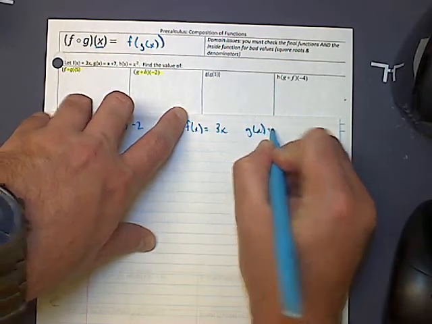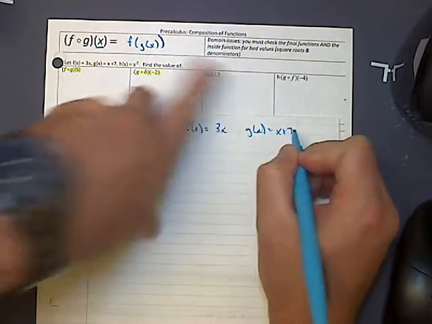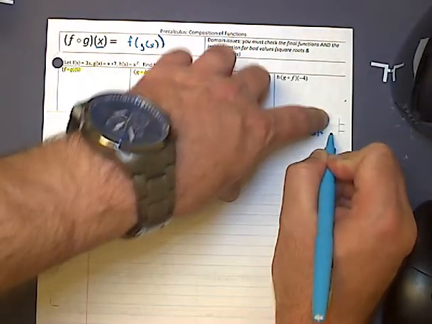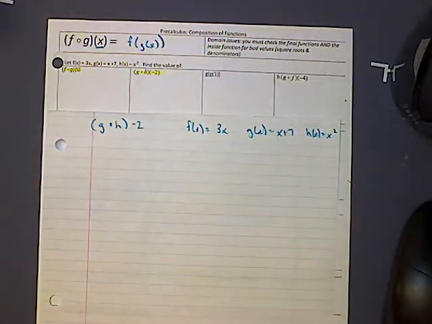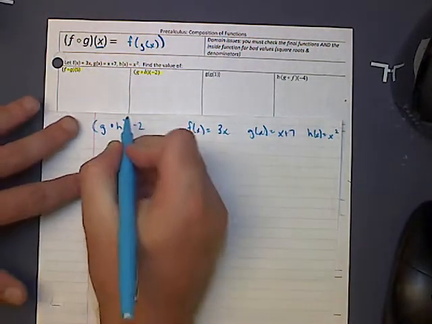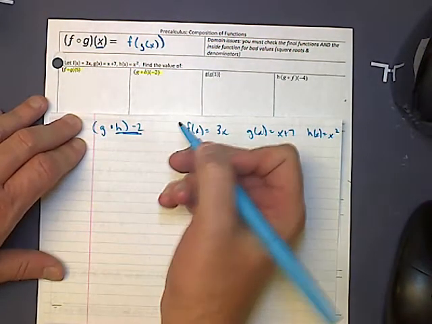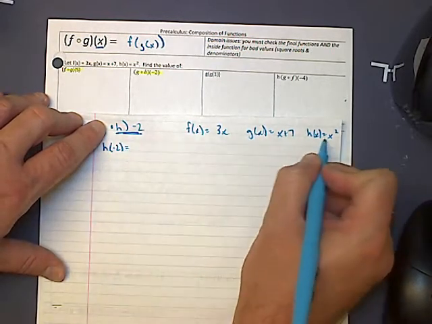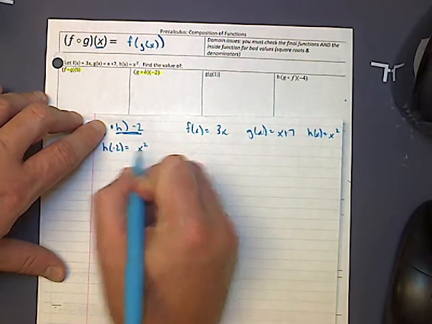G function, I'm just going to write these so you can see them where I'm getting this from. That's in your directions here. Okay. So the negative 2 is next to h. So I will evaluate that first. H of negative 2 equals, h function is x squared.